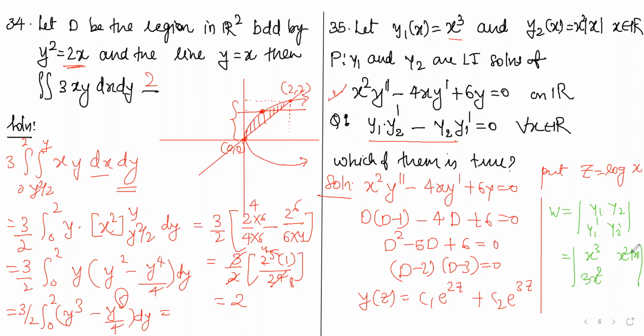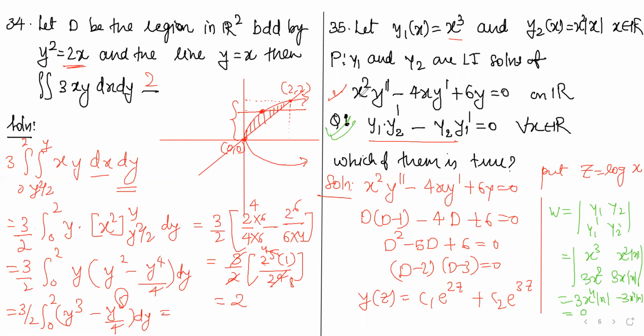And x square into mod x is differentiable, twice differentiable in fact, so the first derivative will exist, and that gives 3x mod x. Now take the determinant: that gives 3x square times x mod x minus 3x square times x mod x. So this determinant is 0. That means the Wronskian is 0, so option Q is true.